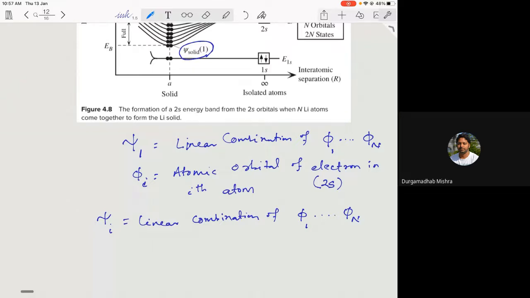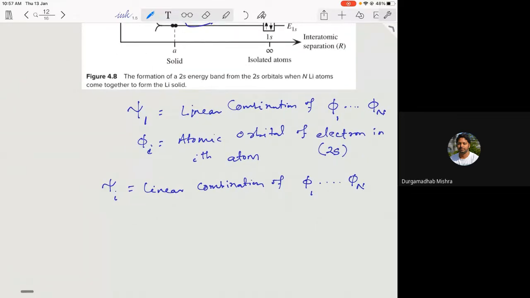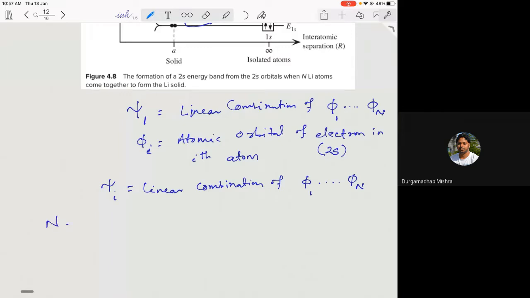So if I have n atoms, and each atom is a 2s1, we are taking the example of lithium, 2s1.